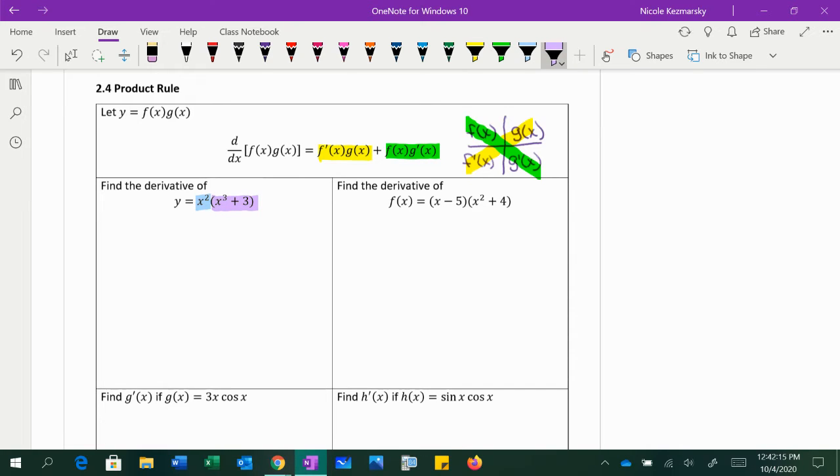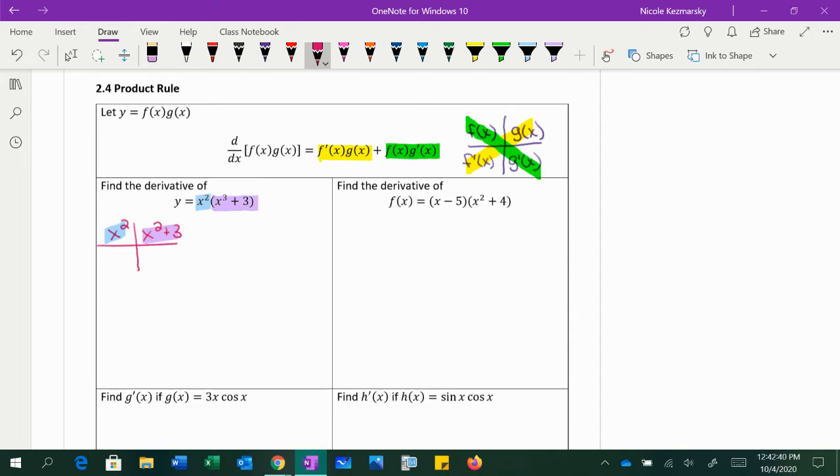So I'm going to split my function up that way. So I'm going to go ahead and set up my box. I'm going to put x squared in the upper left, x squared plus 3 in the upper right. So let me go ahead and highlight those so that we recognize that those are from the original function.